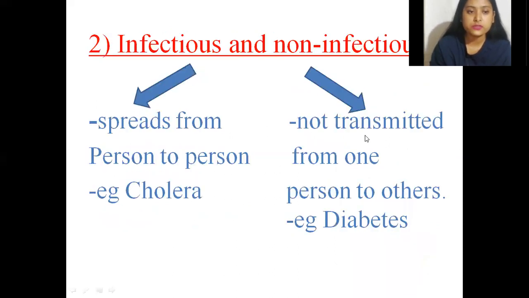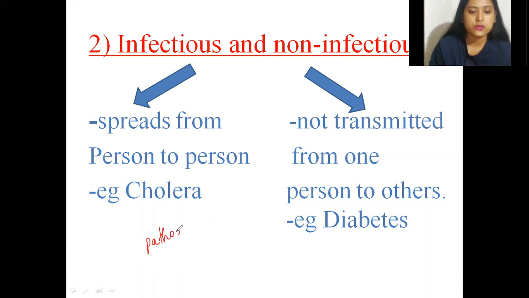Next, we are going to see the second way of classification of disease, that is infectious and non-infectious. Under infectious, the disease will spread from one person to another. That means if you have a germ of a certain agent, and that particular thing is known as pathogen.